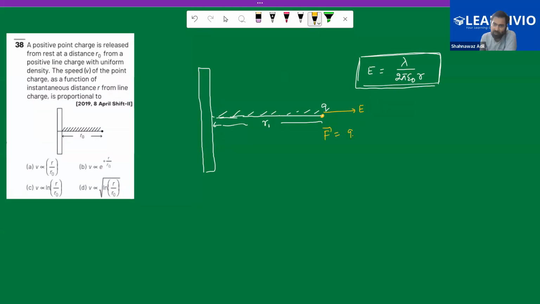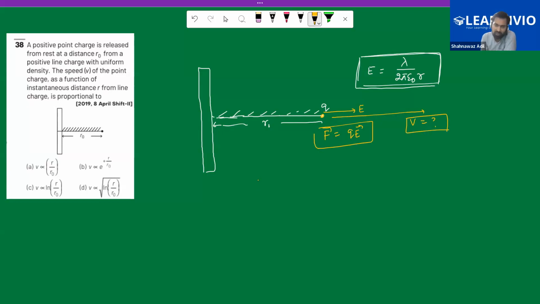And that force would be Q times E. So due to this force, this charge will move in this side. Is it clear? Yes. So due to this force, this charge will move in this side and it will have some velocity. So we have to find the velocity with which this charge will move.